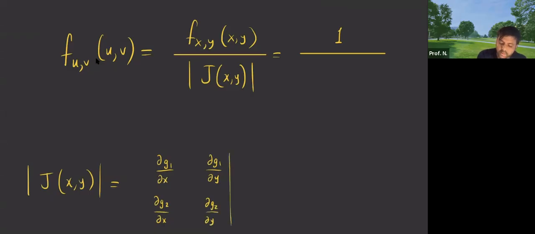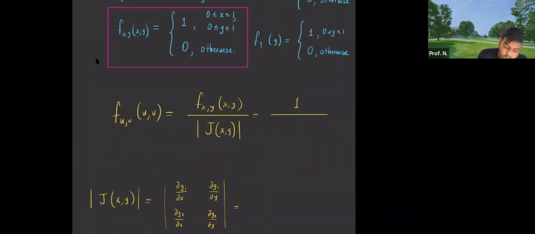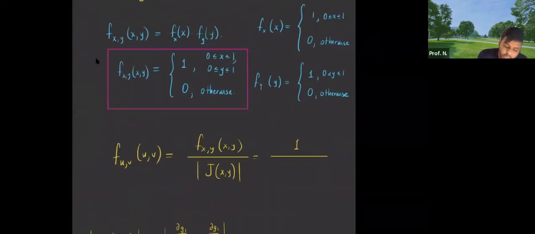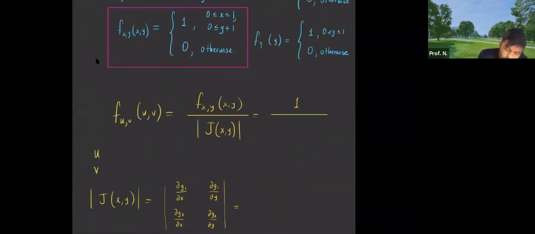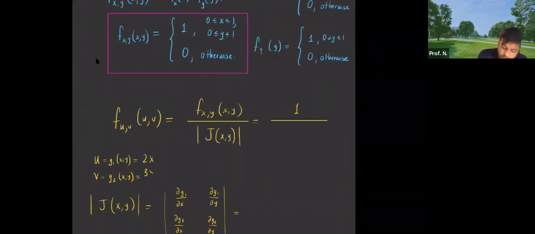I want to find the determinant of this. So first I need to identify G1 and G2. Remember, G1 and G2 come from these formulas here. So G of 1, xy is just 2x. And G of 2, xy is simply 3x over y.